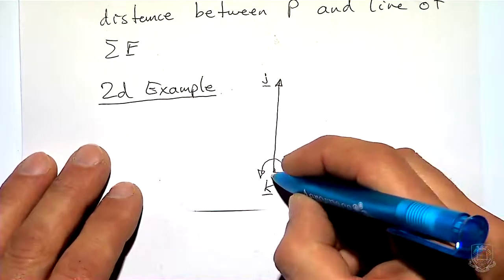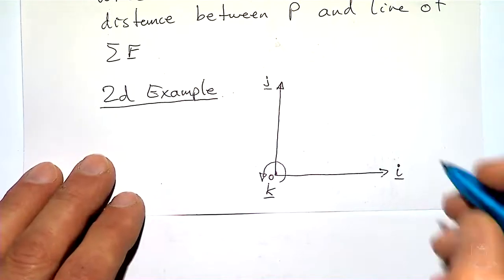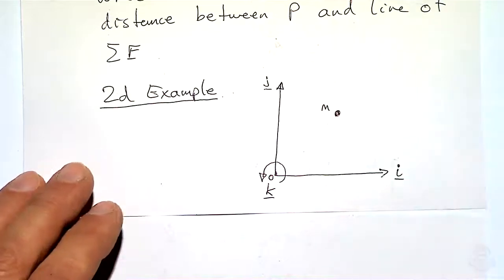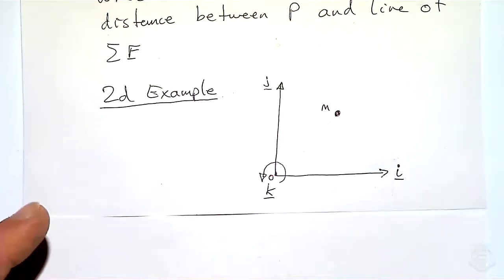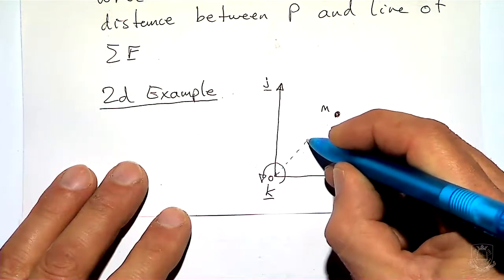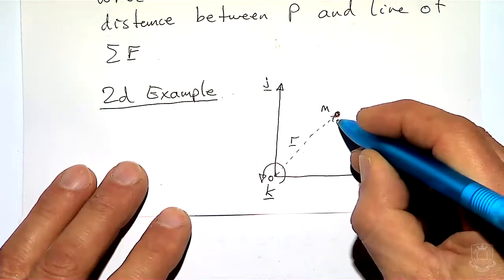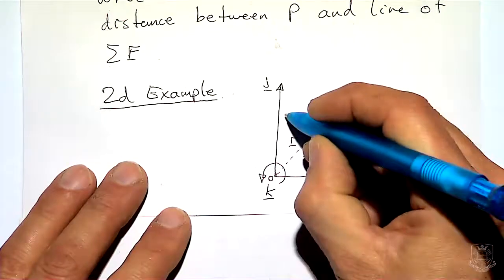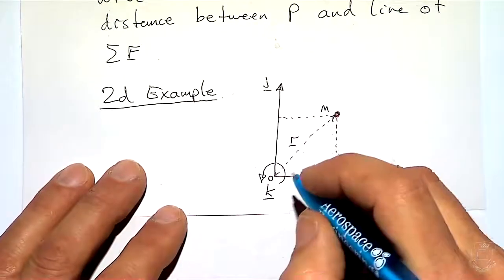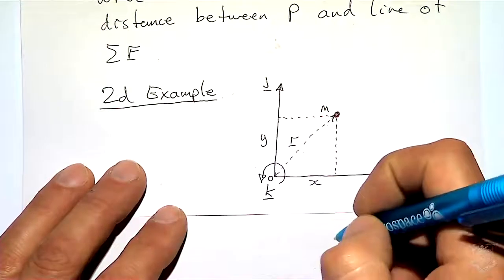Let's call this origin O. We're going to have our mass M here in this 2D plane. The vector connecting up to it is R, and of course we can decompose that into its x and y components, can't we? So we've got the x distance here and the y distance along here.